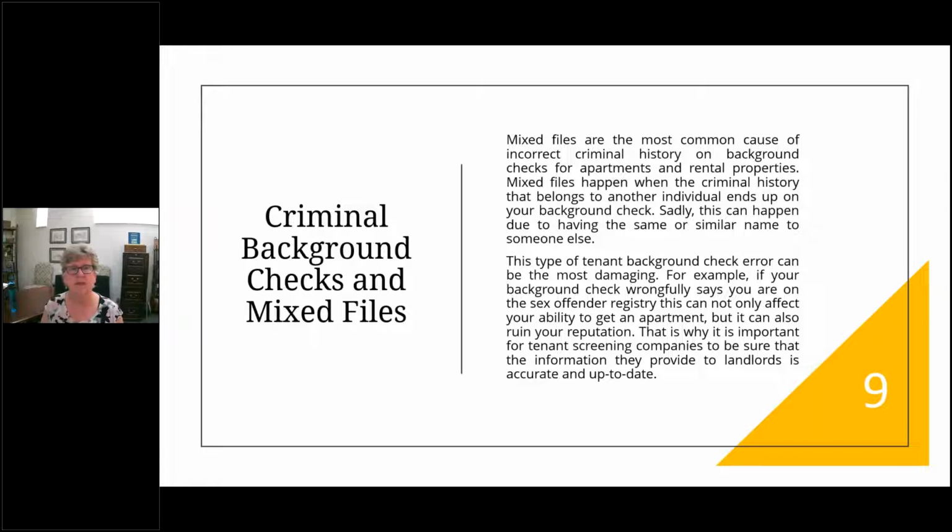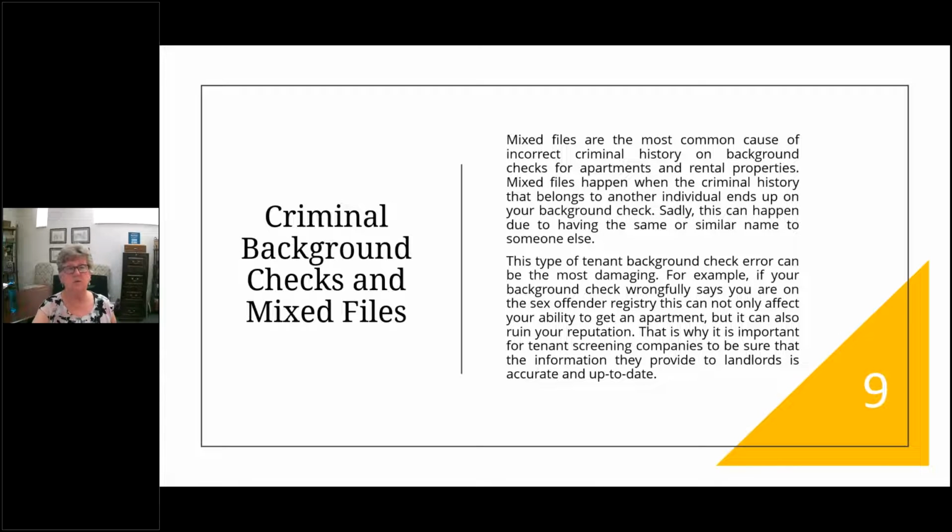So let's talk about criminal background checks and having mixed files like I just mentioned. Another individual with a similar name or a really close social security number or something like that may end up putting criminal history that's incorrect on your report. It can even be someone who put the information into the system wrong.